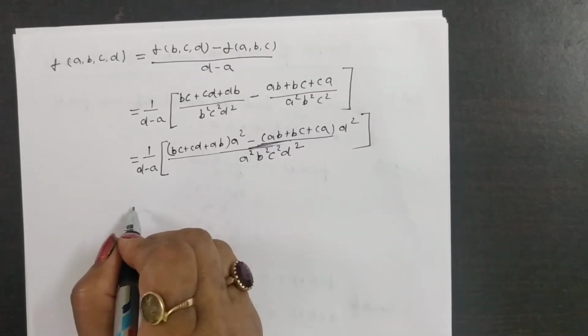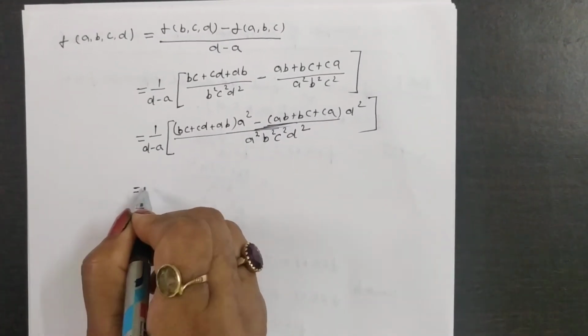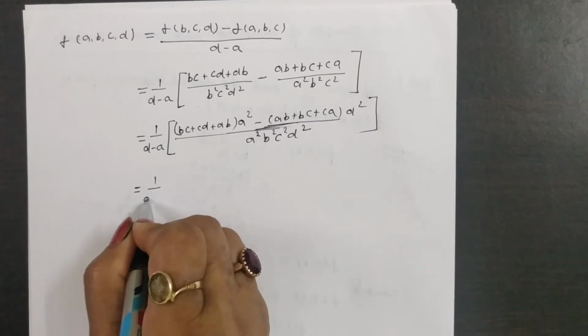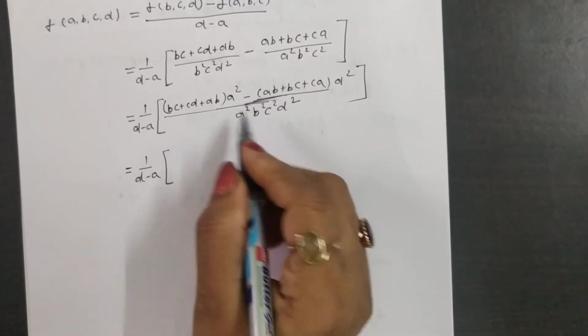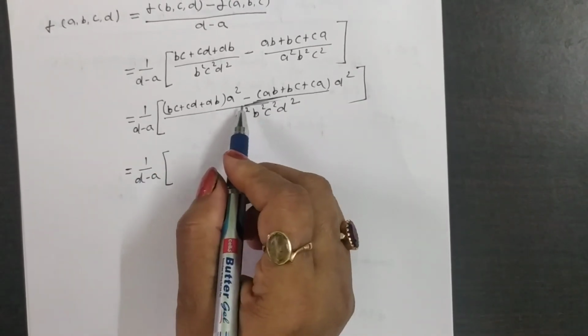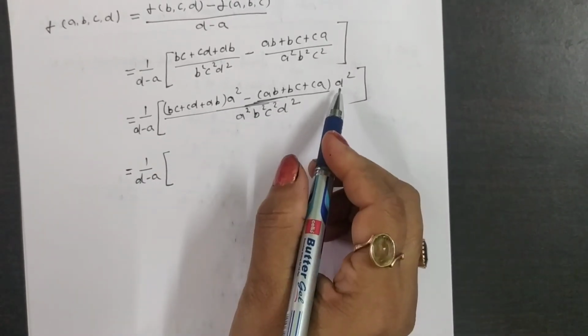Now if you solve this again, this can be written as 1 by d minus a. And here a, b, c are common terms, here is a square minus a d square.